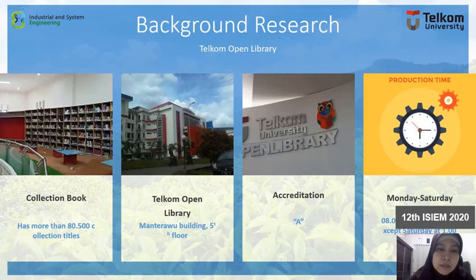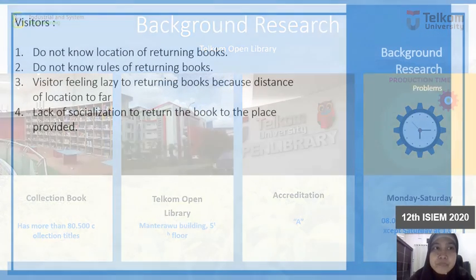And this Telkom Open Library is in the Mentaro building on the 5th floor, and our library has accreditation. The operating time of the Open Library is from Monday until Saturday, 8 a.m. until 19 p.m. Except for Saturday, which is only open until 1 p.m.